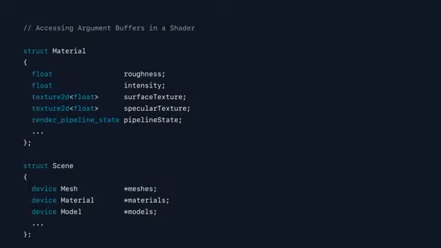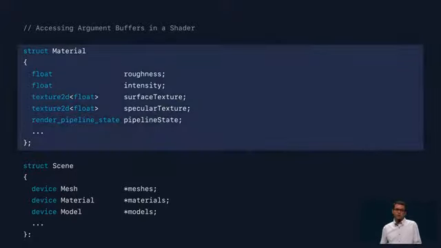Now, each of the argument buffers we just discussed is simply represented by a structure that contains members that we have described in our object model. Since each argument buffer is a structure, they are completely flexible. You can add things like arrays, pointers, even pointers to other argument buffers. For example, here is a material argument buffer.